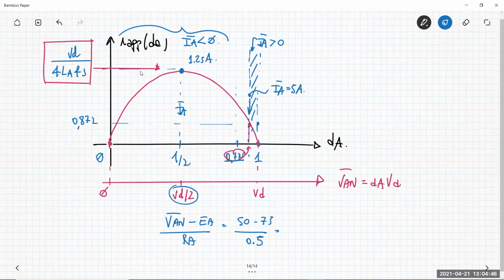So it is negative, of course, and it is 25 over 0.5. So here the contribution of the DC current is larger than 5 amp. You have negative 50 amp here.